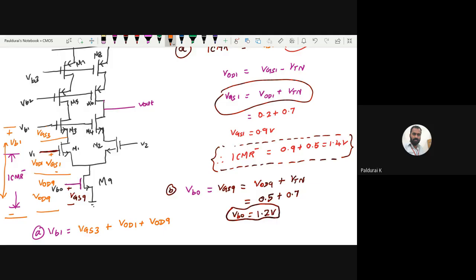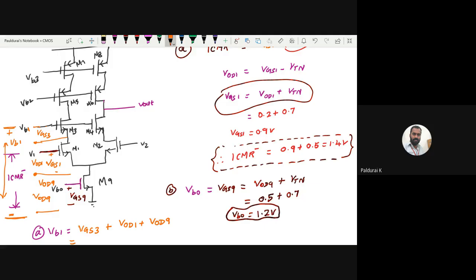Any doubt in this? It is a simple application of KVL, measured with respect to ground. So what about VGS3? How to calculate VGS3?